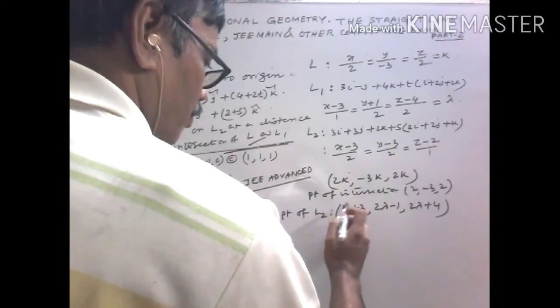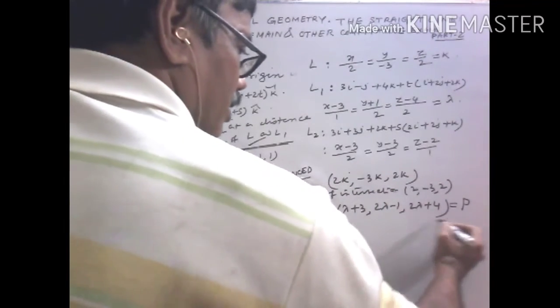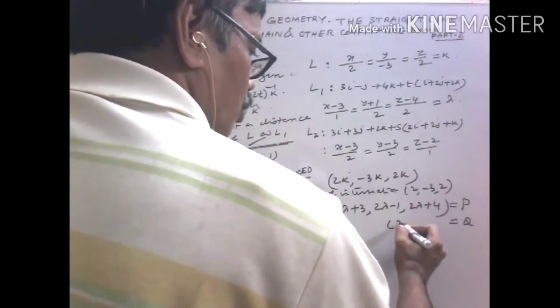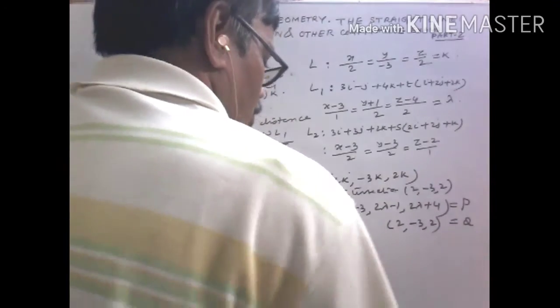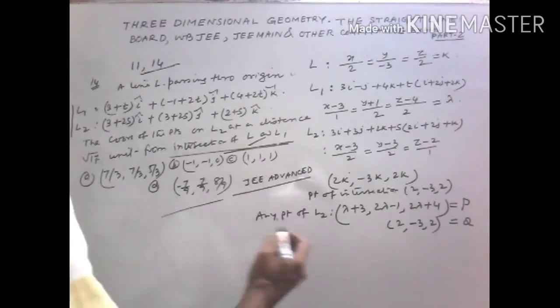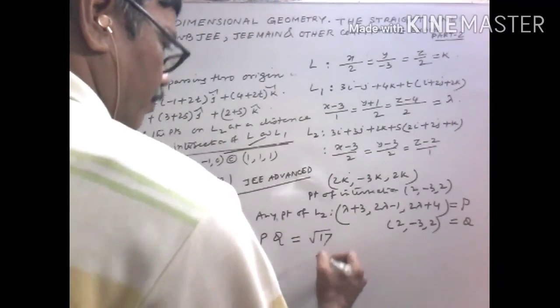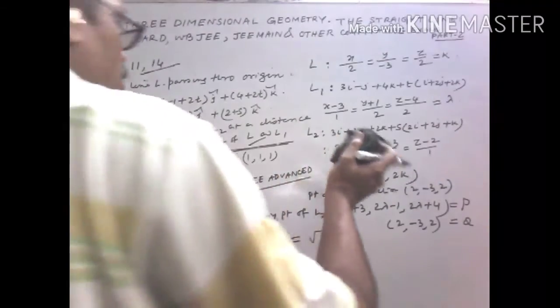Suppose this point is P, and the point of intersection is Q, 2, minus 3, 2. It is given PQ equals root over 17.